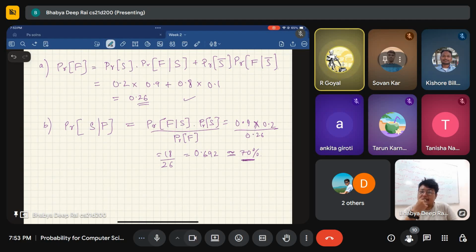So that is the probability of S given F.